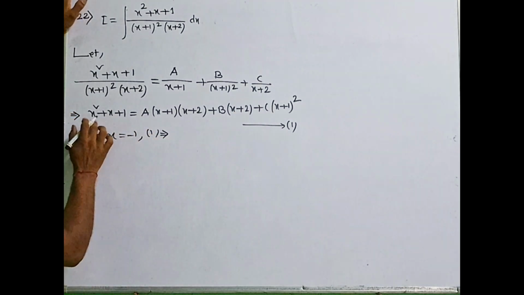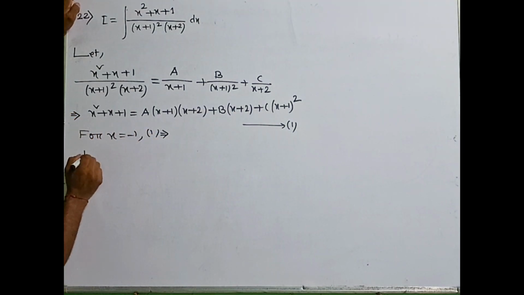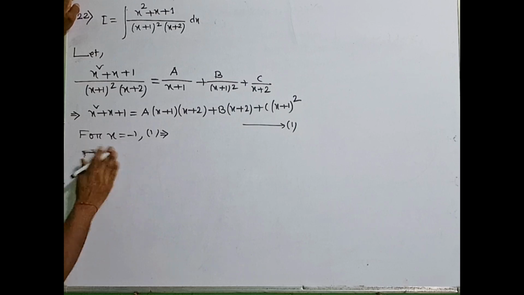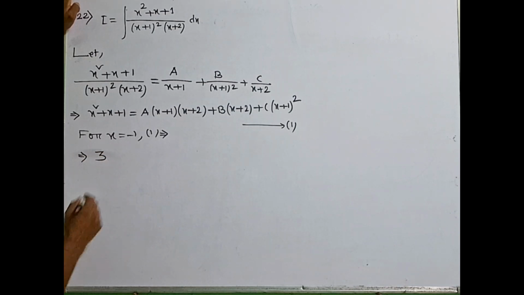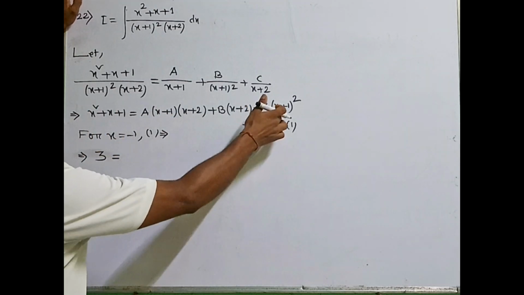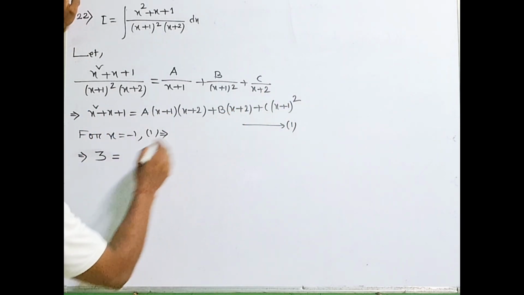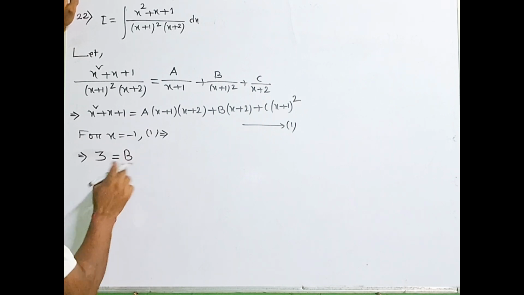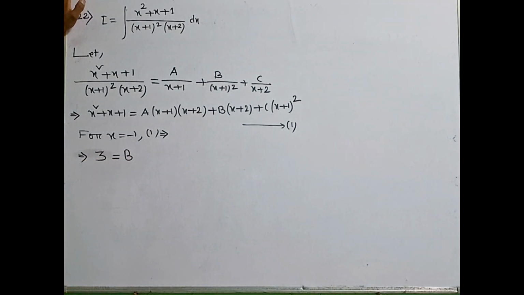And in the left hand side what you will get? Negative 1 squared is 1, minus 1, plus 1. So directly, it will be 3. Equal to, this is vanished, this is vanished. 2 minus 1, 1. It is your B. It means B we have obtained as 3.